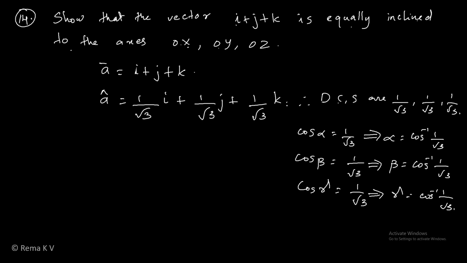Alpha is the angle made by this vector with the x-axis, beta with the y-axis, and gamma with the z-axis. All three are equal to cos inverse 1 by root 3. Therefore, they are equally inclined with the axes.